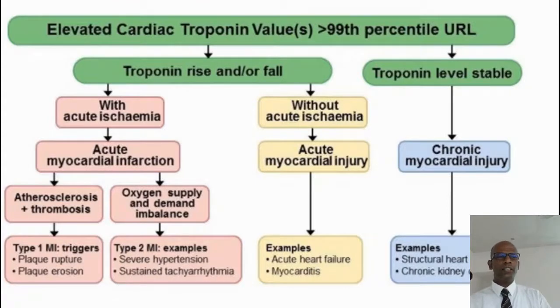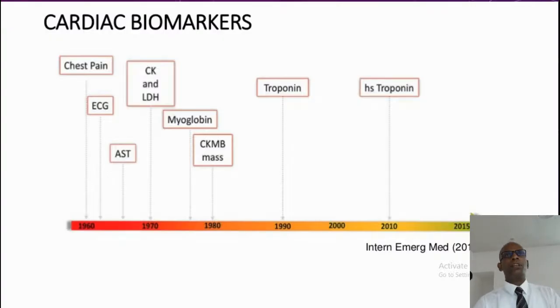The next main thing is troponin. I wanted to highlight some things. Cardiac damage assessment depends on cardiac biomarkers. With chest pain and ECG, thereafter we have to confirm whether cardiac damage has actually happened or not.